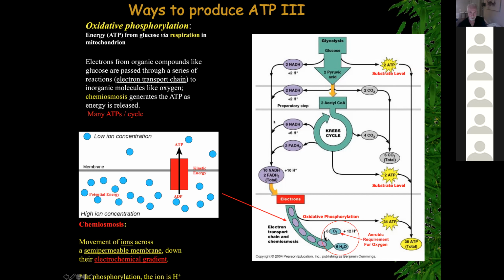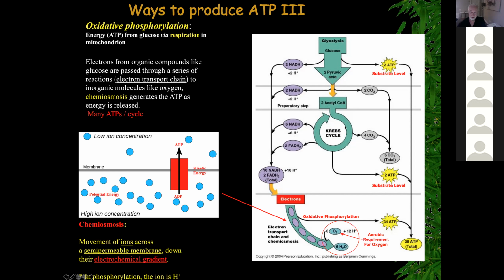And so these go off and will accumulate. The pyruvic acid is converted to 2 molecules of acetyl-CoA. This is an important molecule because it's the first step in the Krebs cycle. And this conversion results in 2 more NADHs and 2 molecules of carbon dioxide.